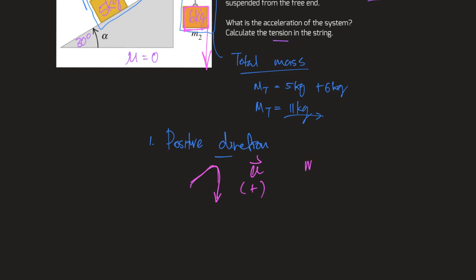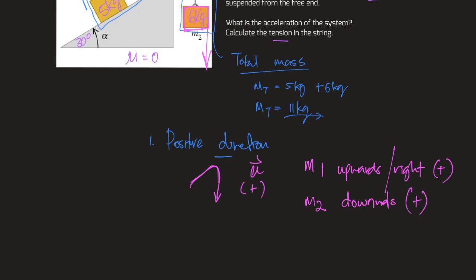That means if M1 moves upwards, so up the incline or to the right, then it would be considered a positive move. If M2 moves downwards, that's considered positive.